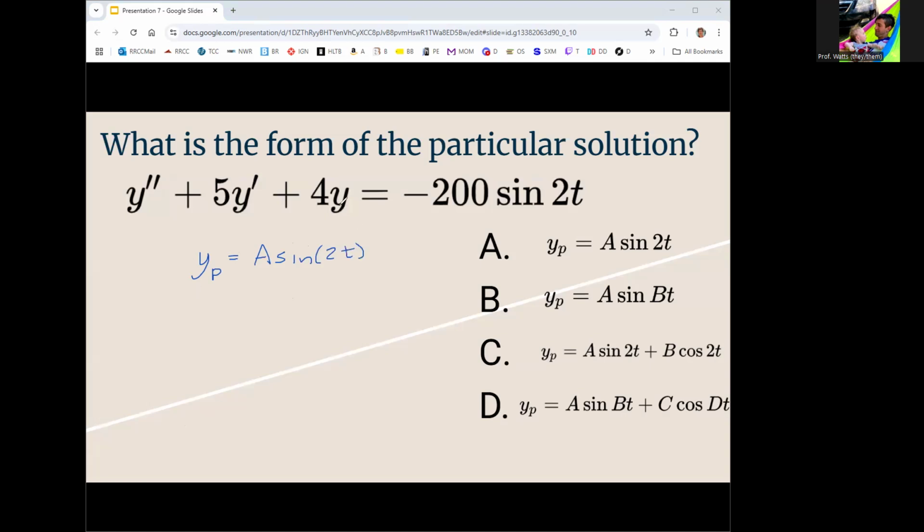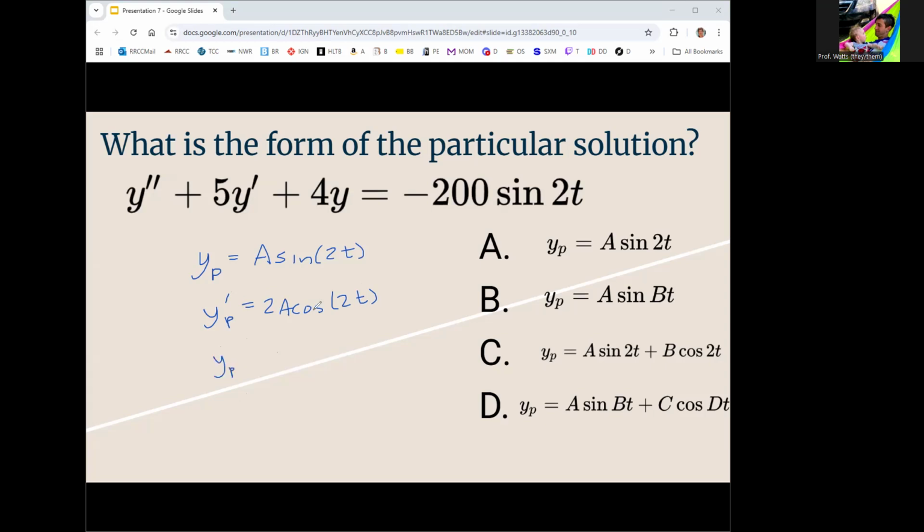Again, we're going to take derivatives and substitute it into the left side and then try to make it balance with the right side. The derivative of sine is cosine. Notice that the 2 in the argument does not change when we take derivatives, but what it does do is come out front and multiply with that undetermined coefficient A. So there's the first derivative of the particular solution.